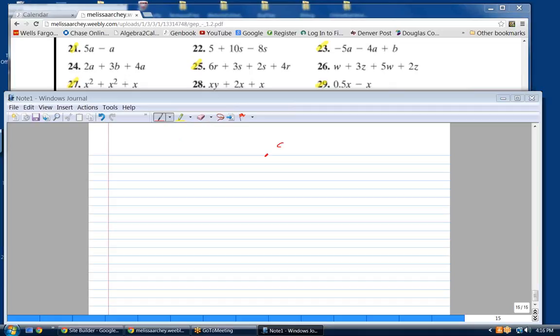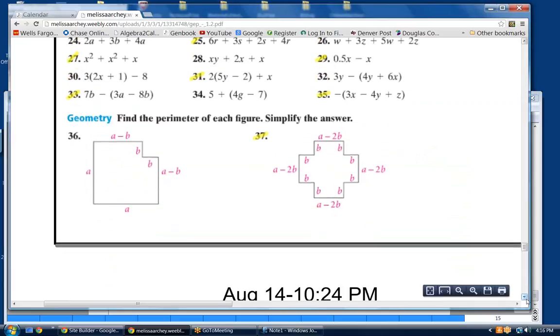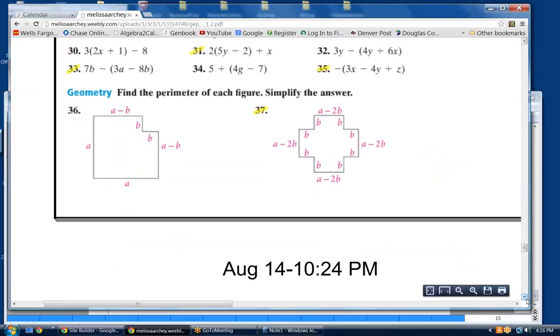29? Minus 0.5x. Good. 31? 10y minus 4 plus x. Okay. 33? Negative, yeah, okay.